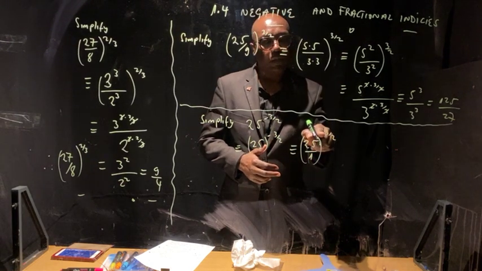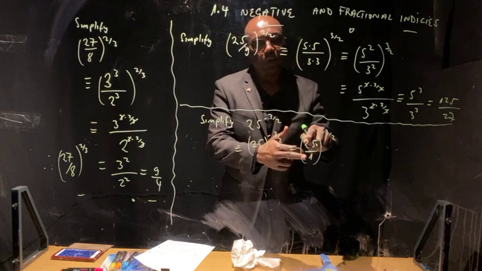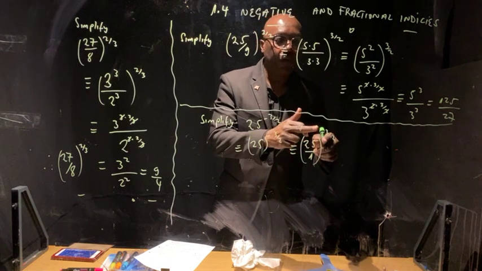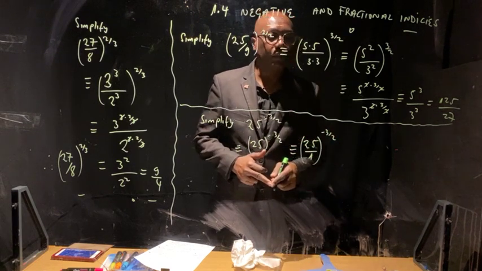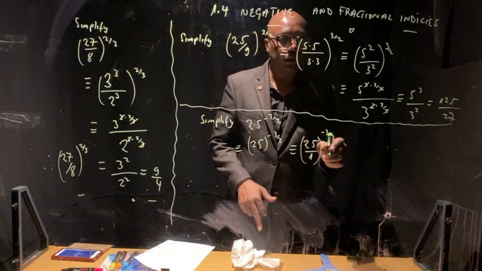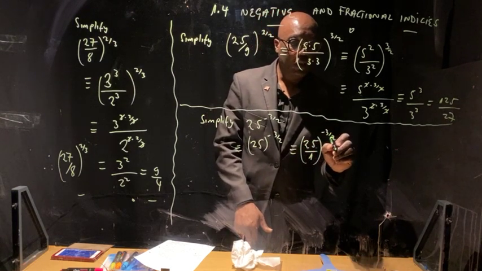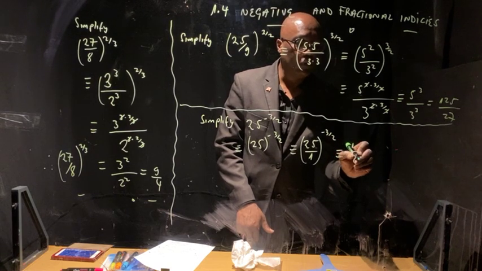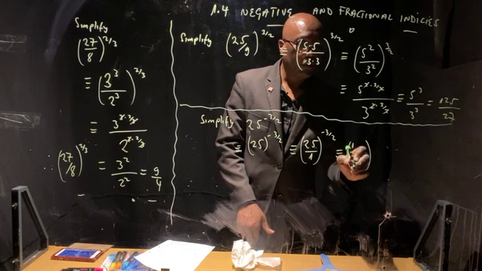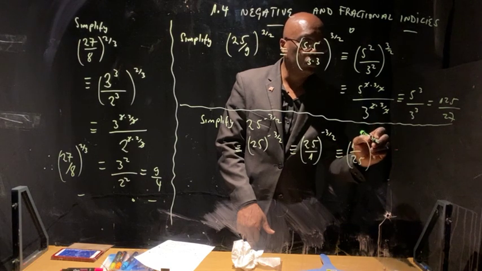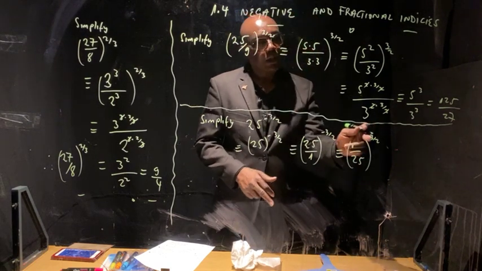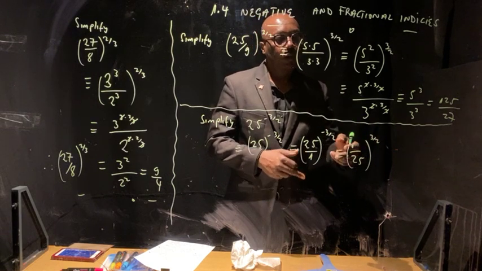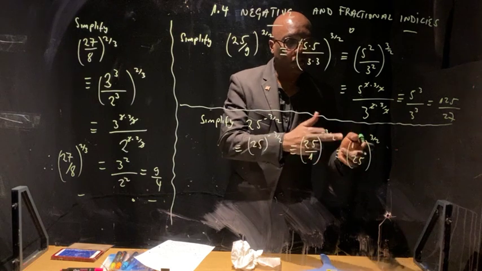To do away with the negative index, I will have to reciprocate the fraction. If I do that, I can take away the negative. So this becomes 1 over 25 raised to the power 3 over 2. The negative sign has been dealt with by reciprocating the fraction.